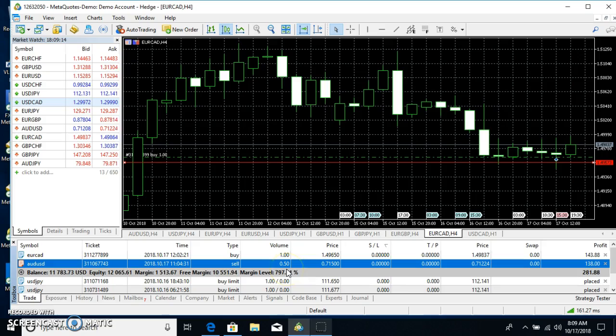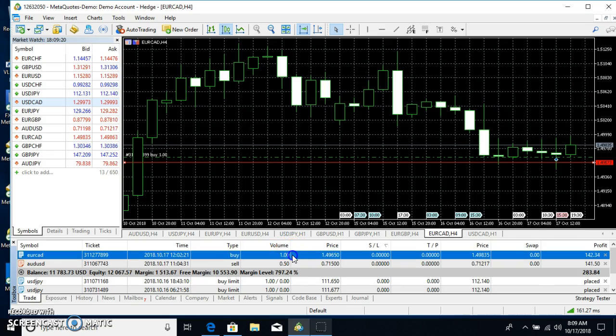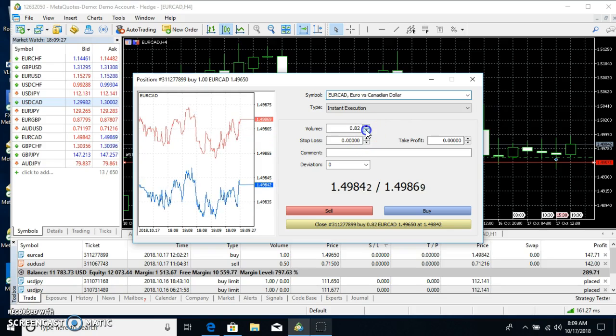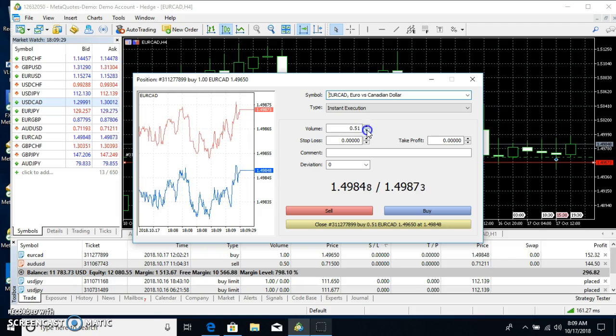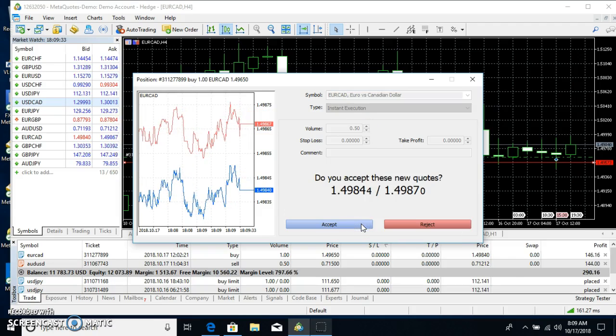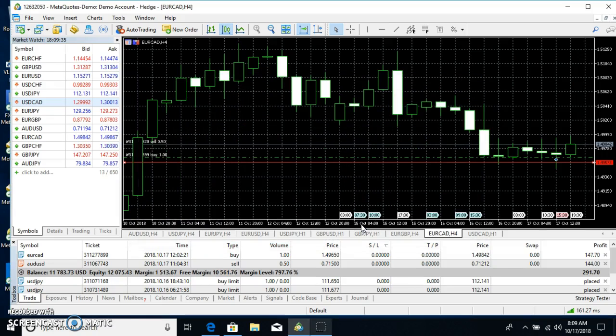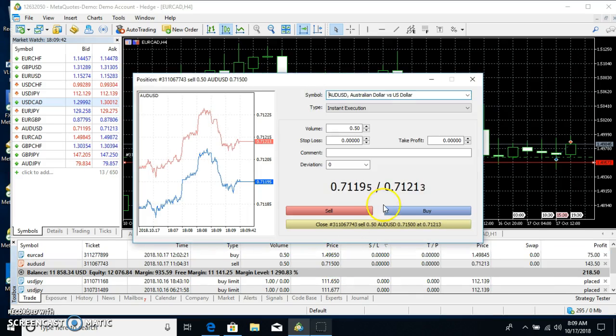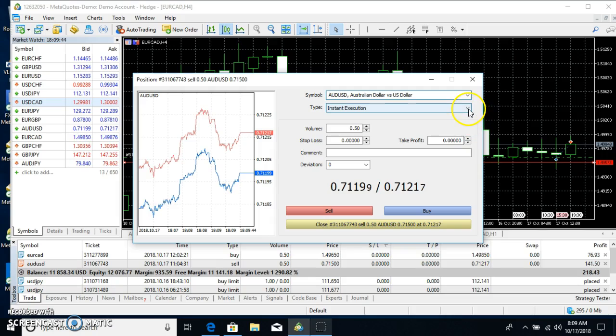So I'm still in the trade. Took some money off the table. And if I did the same thing with this one. Okay. And then I did some stop loss.